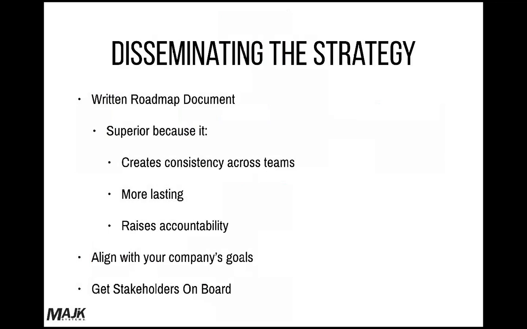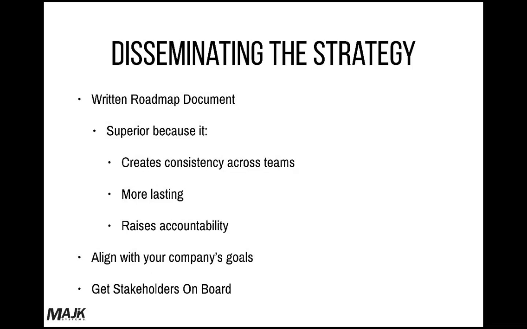So when we talk about that, really the execution stage is disseminating the strategy to your employees. And I think the best way to do that is a written roadmap document. I think these type of documents are superior because they create consistency across your entire team. They're more lasting, and it also raises accountability. You can always go back to that document to say, here's what we're committing to, are we still meeting those goals?